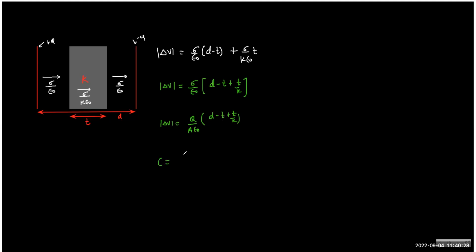So C is defined as Q by delta V. So this is the answer. Is this clear? How to derive it?